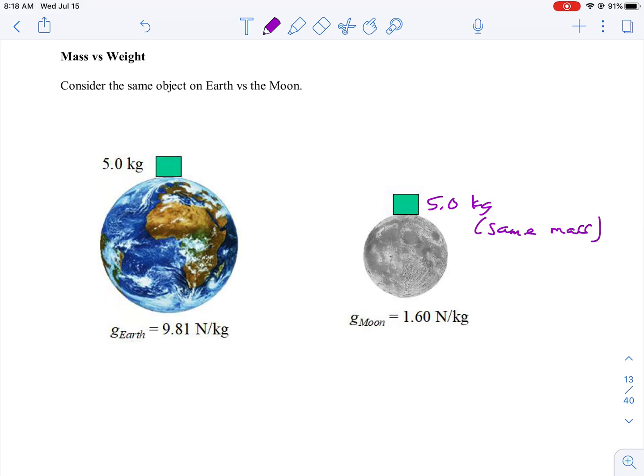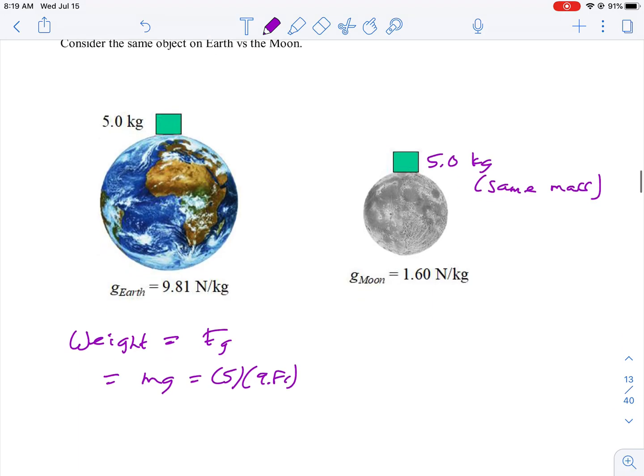Because weight, again, anytime you see the word weight, think Fg equal to mg. And now we have 5 times 9.81. And so when we calculate 5 times 9.81, we get about 49.05. So about 49 newtons.